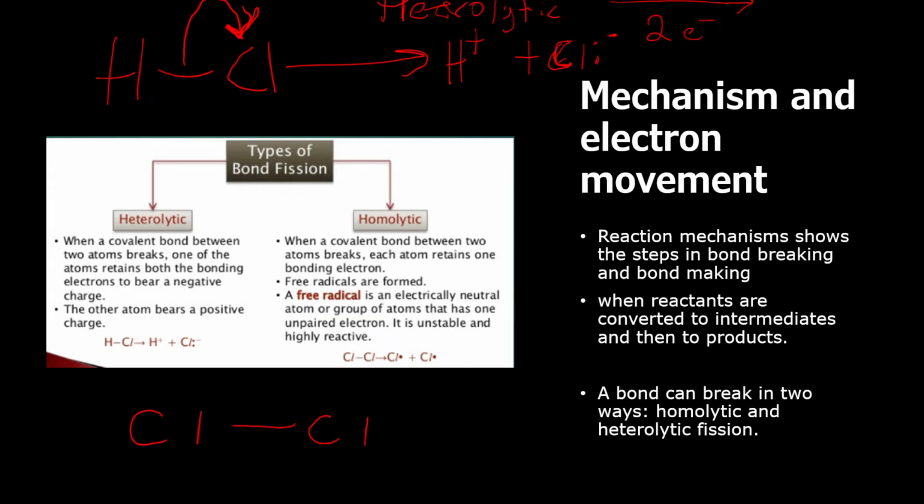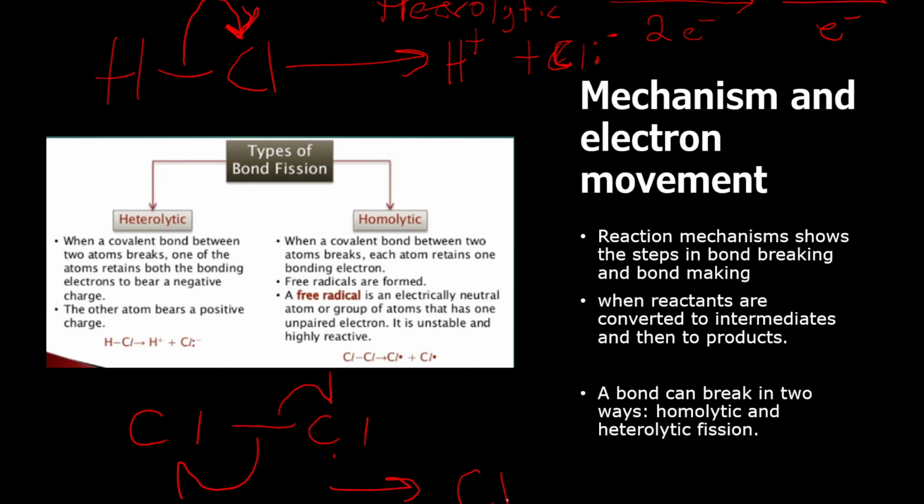What if they're homolytic? Suppose both of them remain having electrons. We're going to have something like this. You're going to use fish hook arrows or half arrows. Half arrows show the movement of one electron. So one electron goes to one of the chlorines and the other goes to the other chlorine.